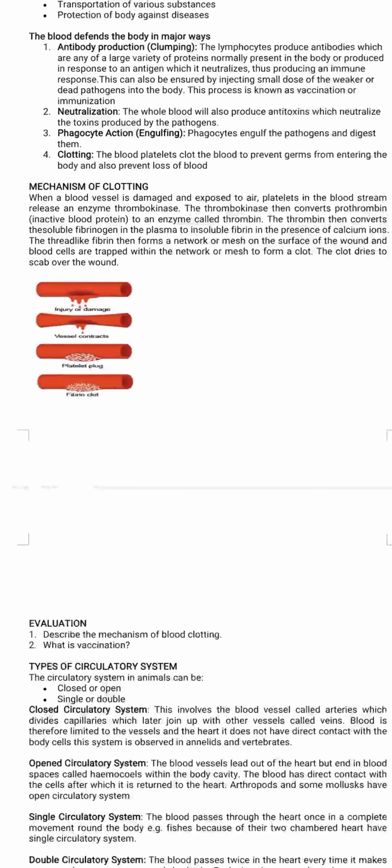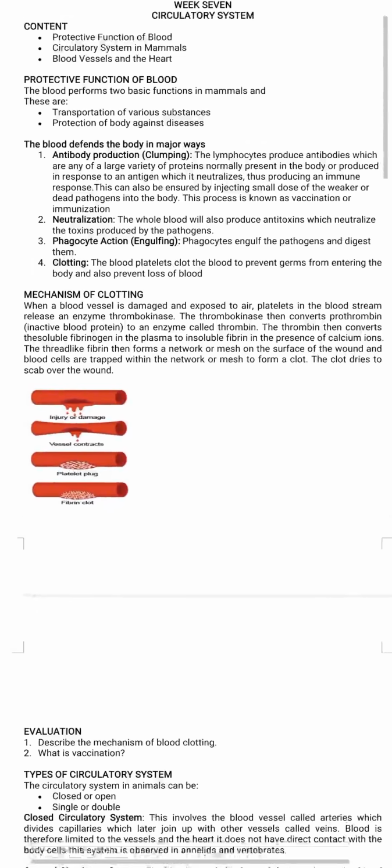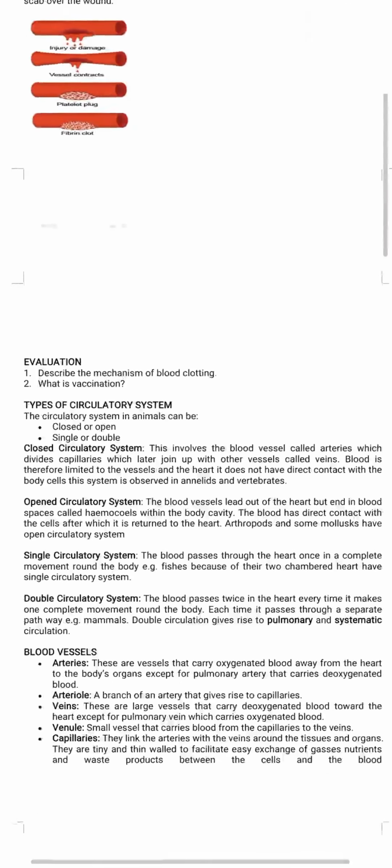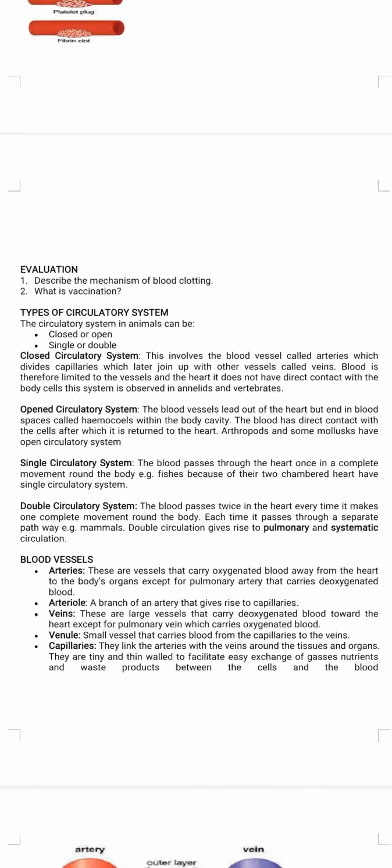Now, let's go to the circulatory system in mammals. Generally, there are two major systems. We have the closed and open system.